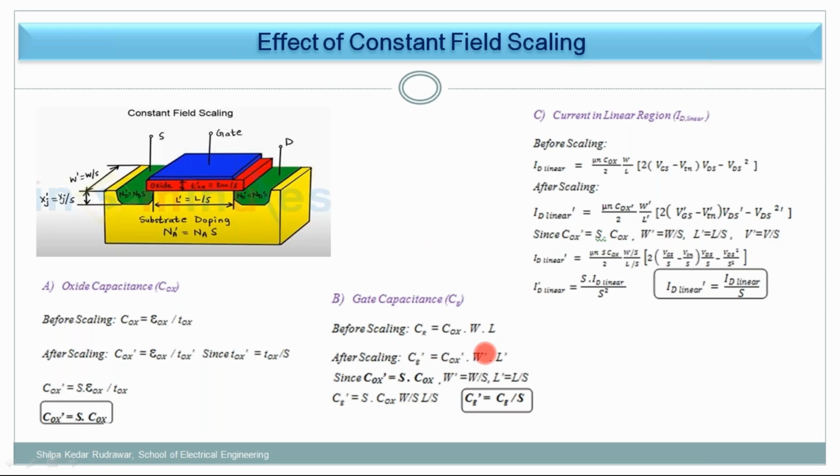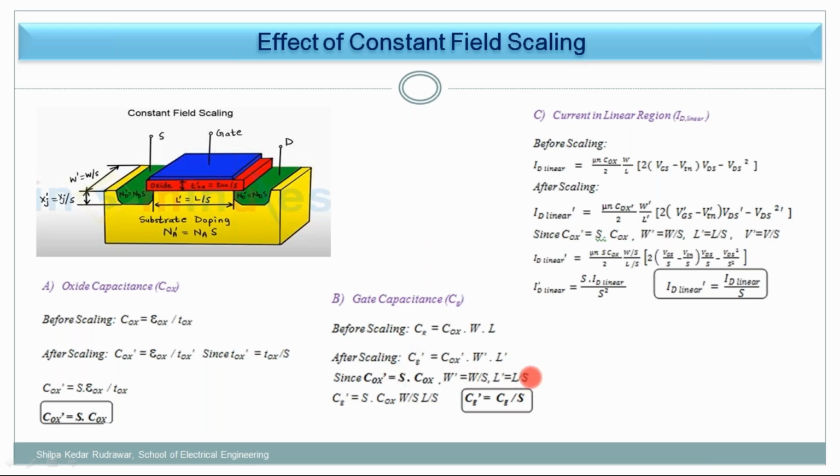That is the width after scaling, which is W by S, because I told you all the parameters are scaled down by S. L will also be scaled down by S, so L dash will be L by S. So all these values we need to place in this equation to find the effect of scaling on CG, that is gate capacitance.